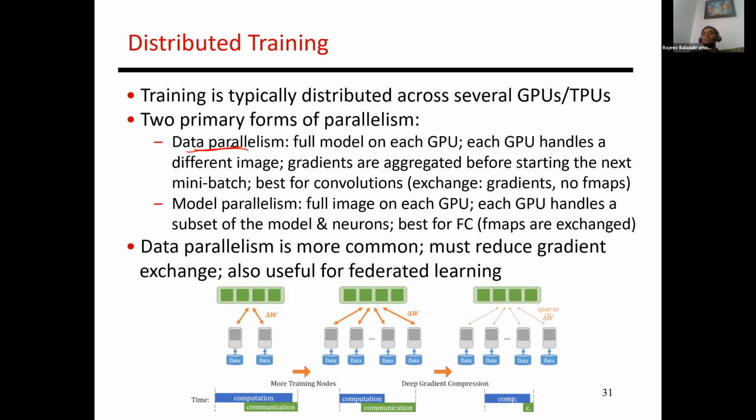So if you have 16 GPUs working on this, each GPU is going to work on a different image. And so you're working on 16 images in parallel, right? So the forward pass, the backward pass, all of that is being done independently on each GPU. And there are no dependencies between these GPUs at that point.